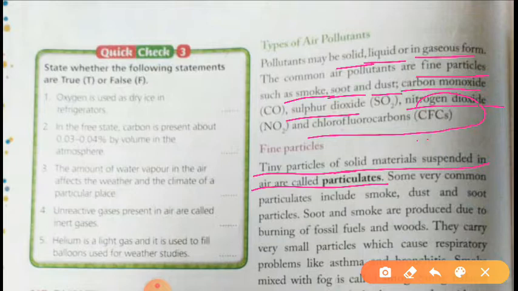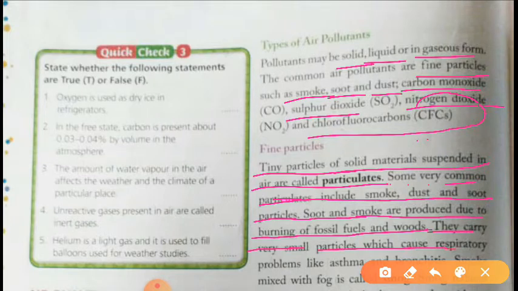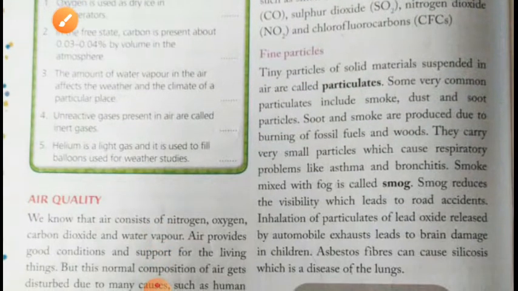As you can see here, some of the very common particulates include smoke, dust and soot particles, and soot and smoke are produced due to the burning of fossil fuel and wood, and they carry very small particles which cause respiratory diseases like asthma and bronchitis, etc. Right. So this was about the particulates.